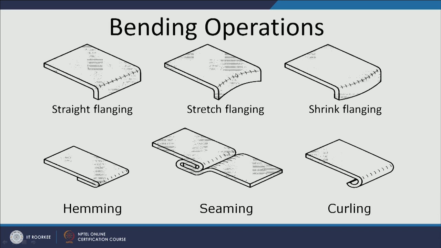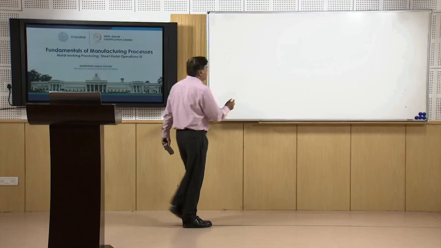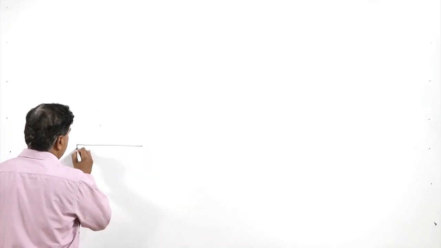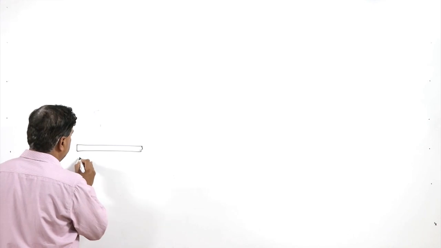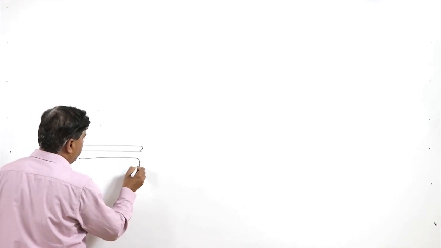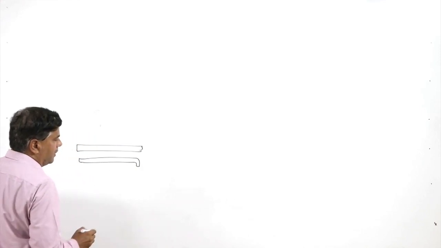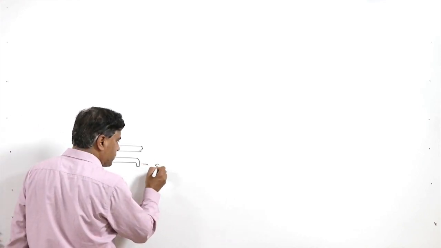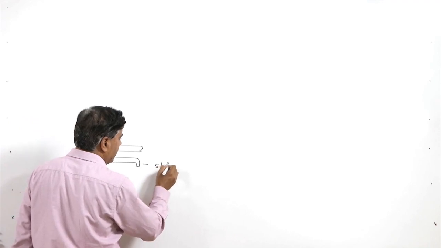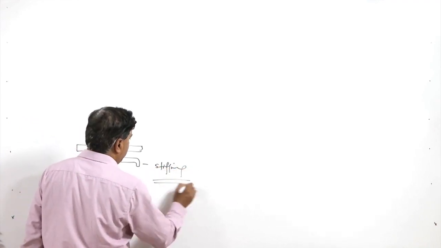So, straight flanging, stretch flanging and shrink flanging will be basically a little bit rounding off to the edges, like sheet metal is like this. So, the sheet metal is bent at the ends, in order to avoid any sharp edges and corners. It helps the stiffening of the sheet metal.